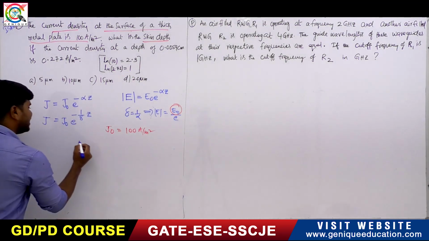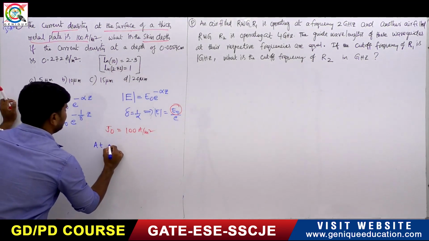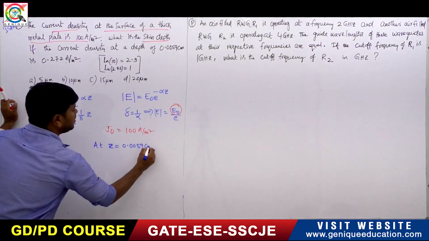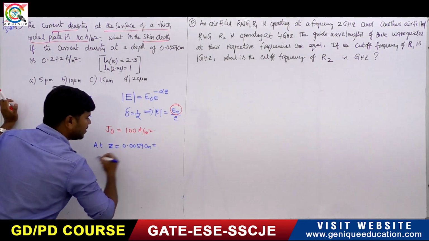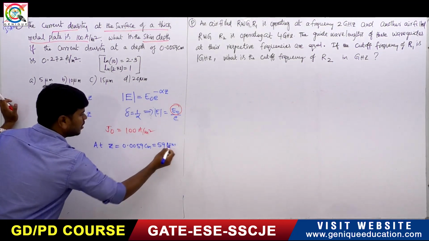That is, at z equals 0.0059 centimeter, the current density is 0.272 ampere per meter square. So we can write this z as 59 micrometer, right?